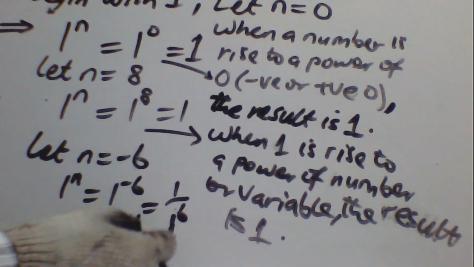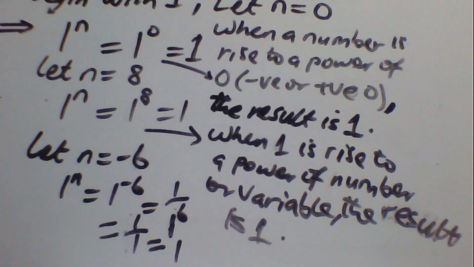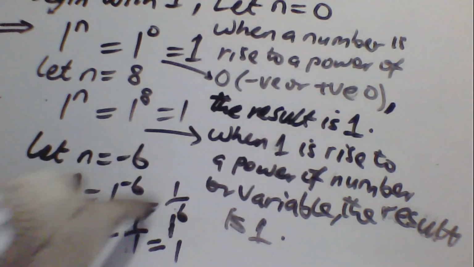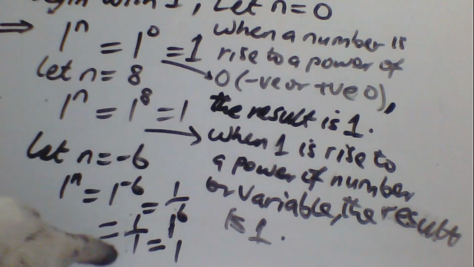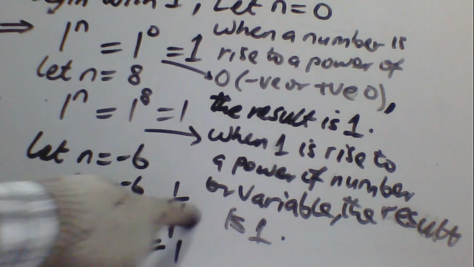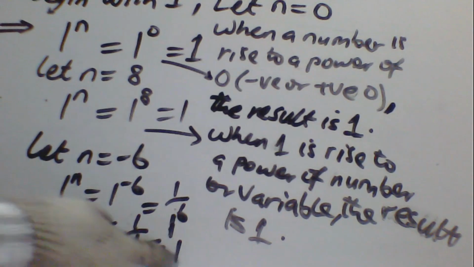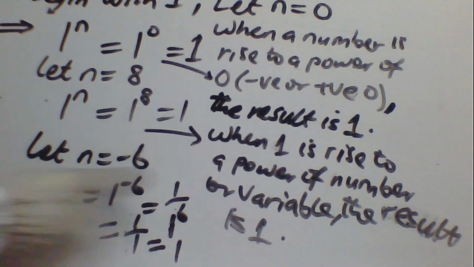As we have done, 1 raised to power 8 is 1, so 1 raised to power 6 is 1, so 1 divided by 1 is 1. So that is it for 1. Things we have to know.